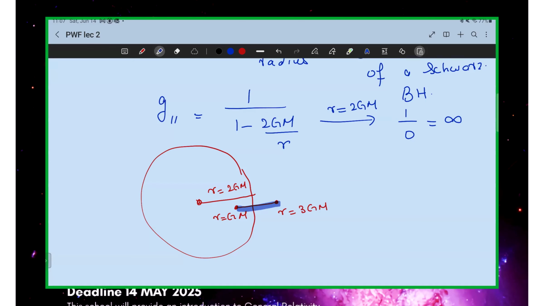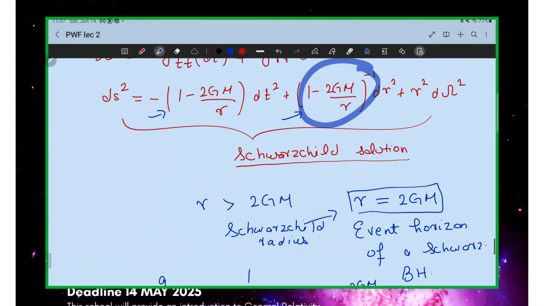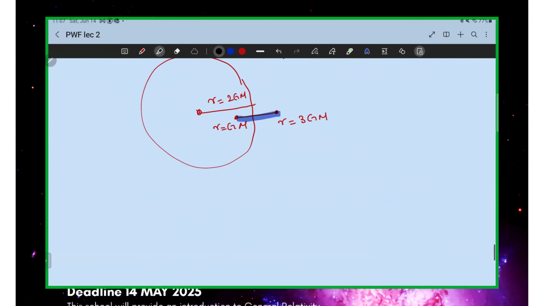You can easily do that by using this metric. How will you calculate that length? You will calculate that length by integrating over the radius. So you have to do something like this.